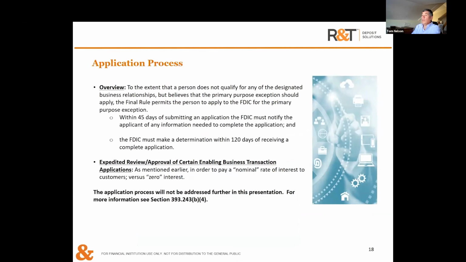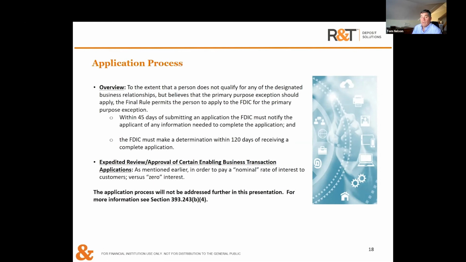Now, in addition to what we talked about regarding a notification process, the FDIC has also laid out the terms for an application process. If a third party believes that they fundamentally are not brokering deposits, that they're behaving in such a way as to fit one of the exemptions, they can make an application to the FDIC so that they would be treated under the primary purpose exemption.